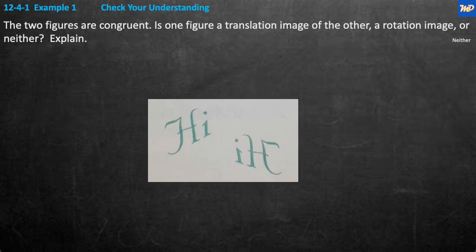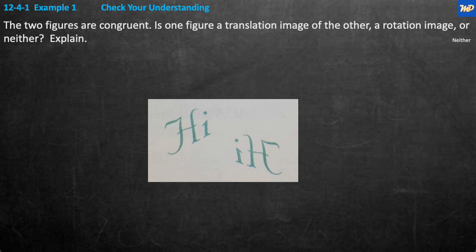Okay, example 1, check your understanding. What they'd like you to do here is pause the video and think about this, or maybe you don't have to pause, but I'll wait until you come back. The questions are: the two figures are congruent. Is one figure a translation image of the other, a rotation image, or neither? Explain. Okay, I'm going to assume that you've made your decision on that.